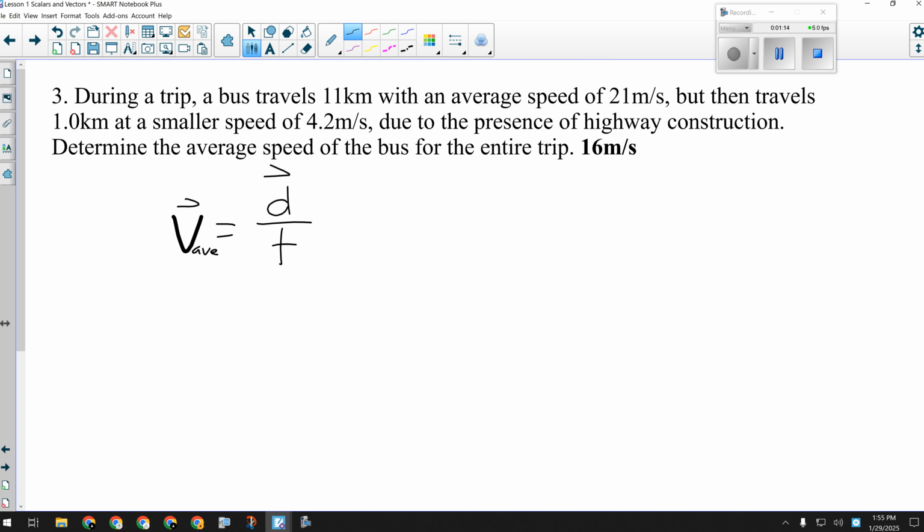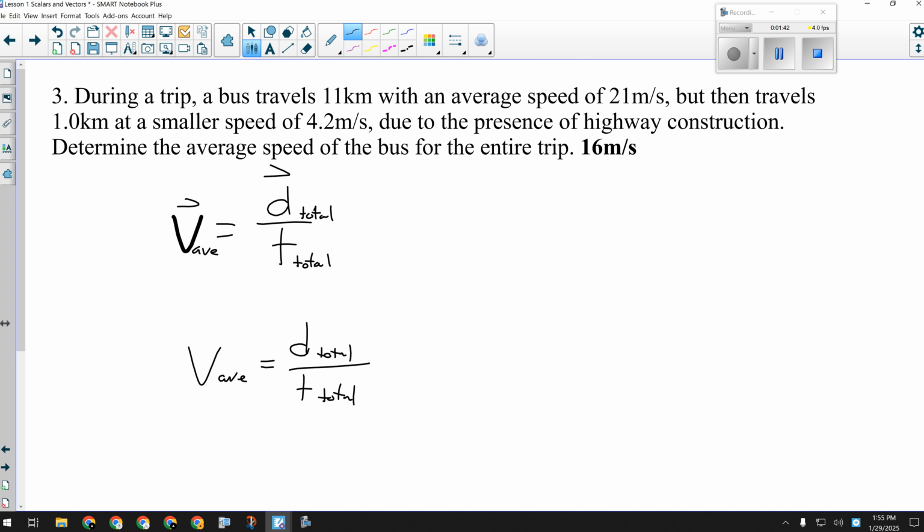This is never written beside it, but it's what it means. Average velocity is the total displacement divided by the total time. Speed is the same. Average speed is total distance divided by total time.